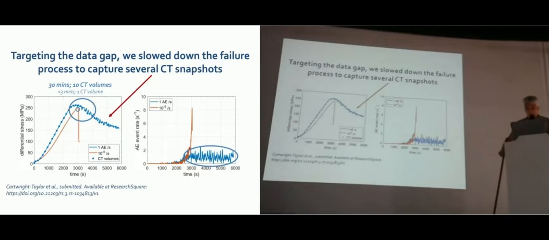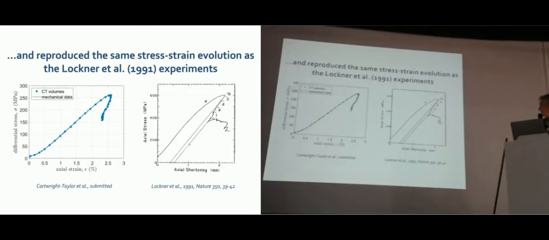Nevertheless, we were able to stabilize the deformation. Okay, so there's a peak stress, and there's a difference you can make if you feed back on the acoustic emission event rate. And yeah, we've reproduced the protocol from the Lochner et al. experiments.